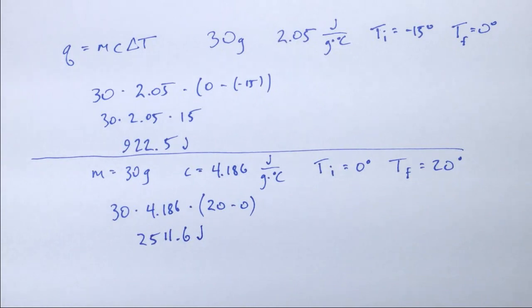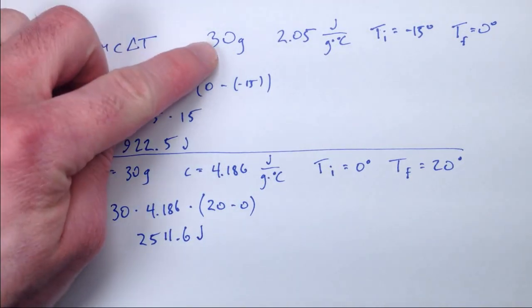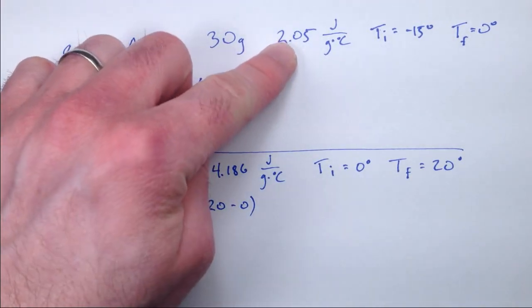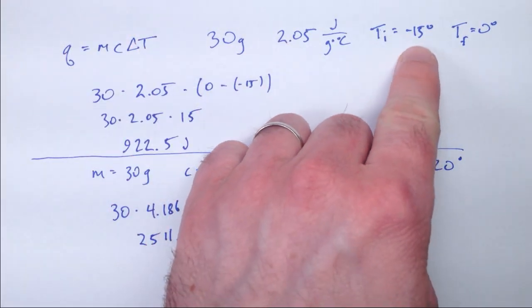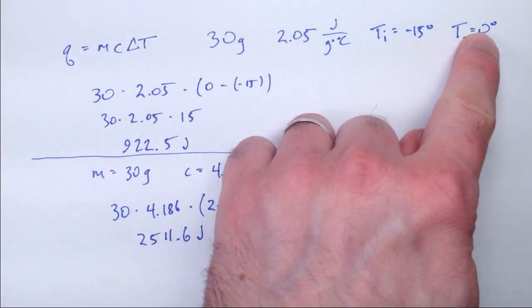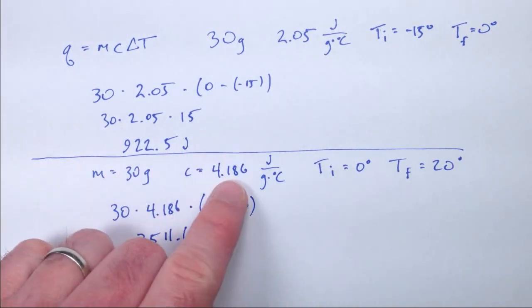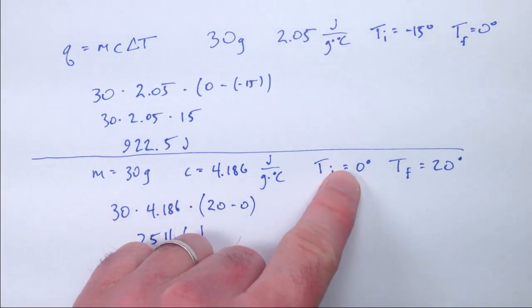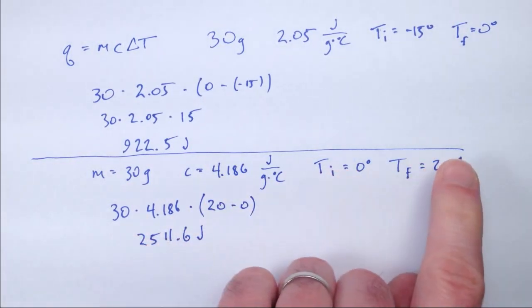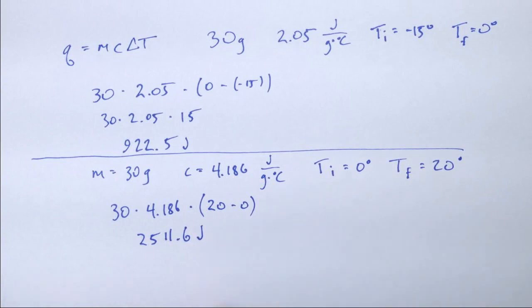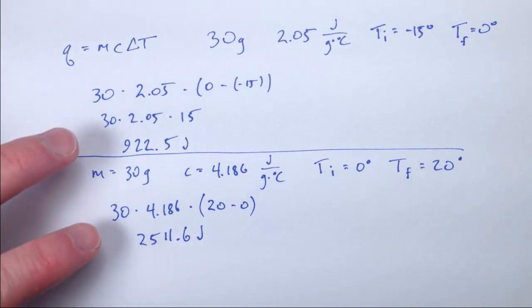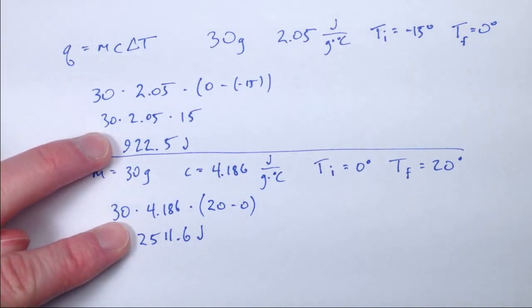So to sum that up, take 30 grams of ice, warm it up from the freezer's negative 15 to a melting point of 0. That's going to cost you 922.5 joules. Now you've got 30 grams of water. It just melted, and you're going to warm it up to room temperature. That's going to cost you 2,511.6 joules.